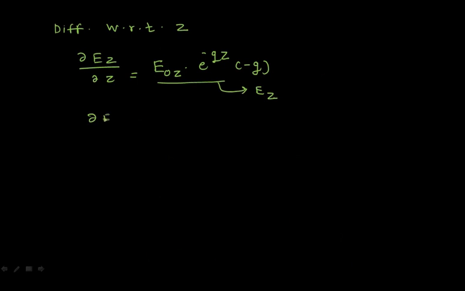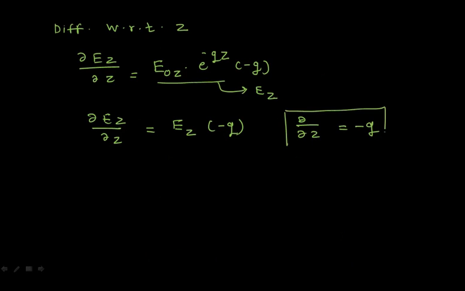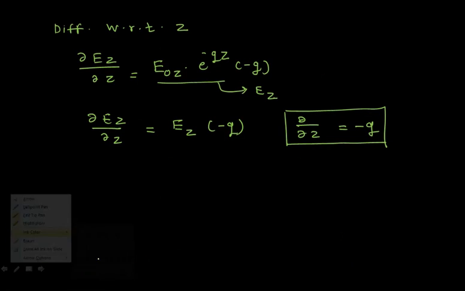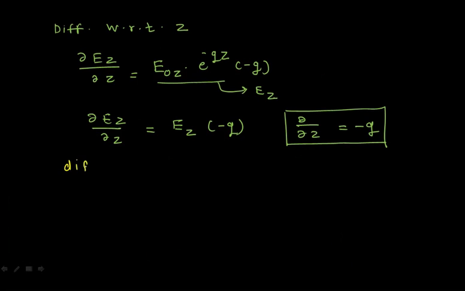So if you replace that term with Ez, you will get minus gamma Ez. So I can define one operator here, d by dz is equal to minus gamma. We need these terms after this, whenever we analyze our rectangular waveguide, again differentiating with respect to z, taking a double or partial differentiation with respect to z again.